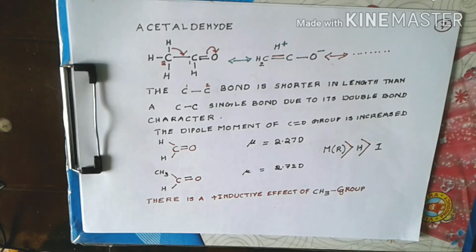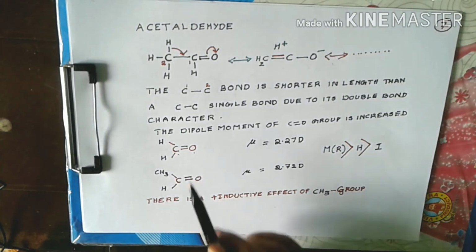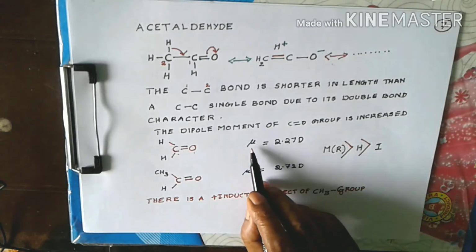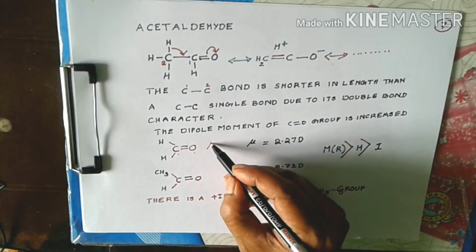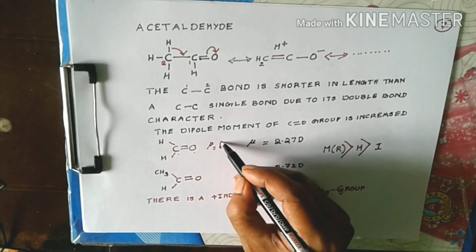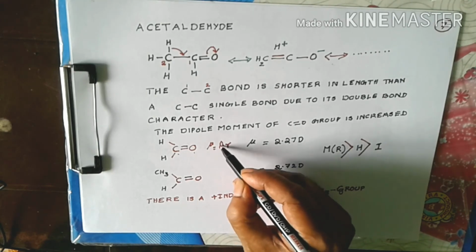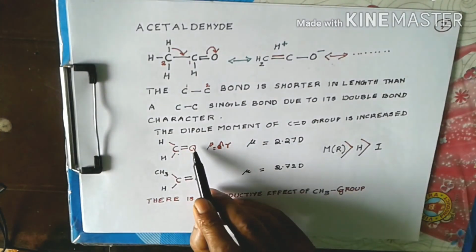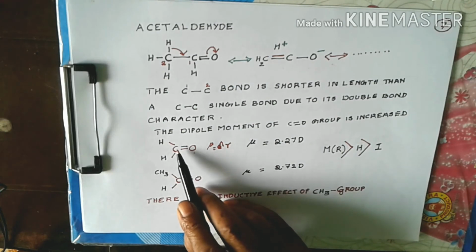Another important observation of hyperconjugation in this molecule is that a carbonyl group is polar, and we can calculate a parameter called dipole moment, which is represented by mu, and mu is equal to delta times R, where mu is the dipole moment and delta is the partial charge over the oxygen atom or carbon atom.